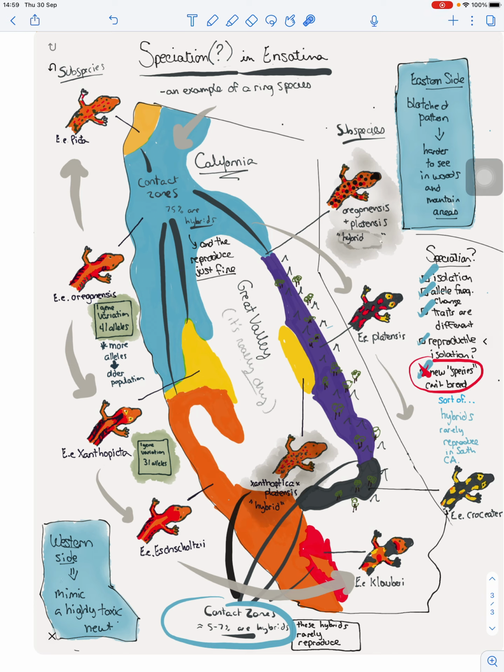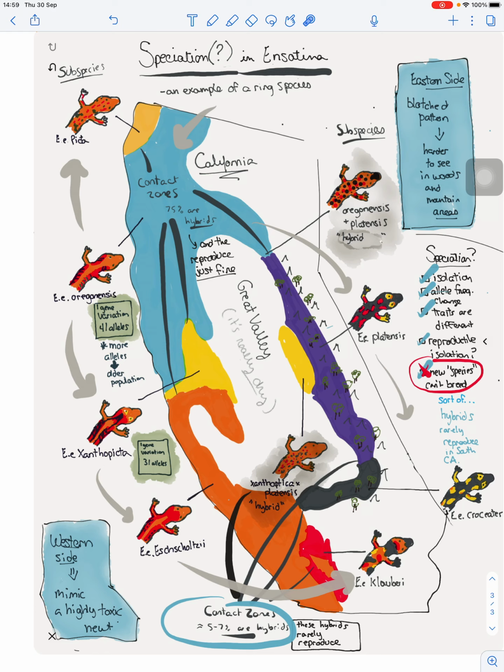This Great Valley kind of separated these, so by the time, you know, the habitats have expanded back down to here, the subspecies here have changed so much that they're almost a new species now. And when the hybrids are produced, they're not reproducing. They rarely reproduce, so it's harder, right?